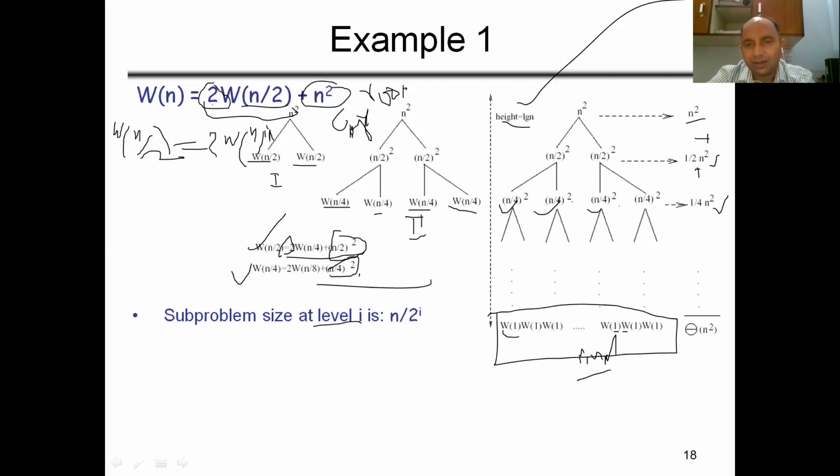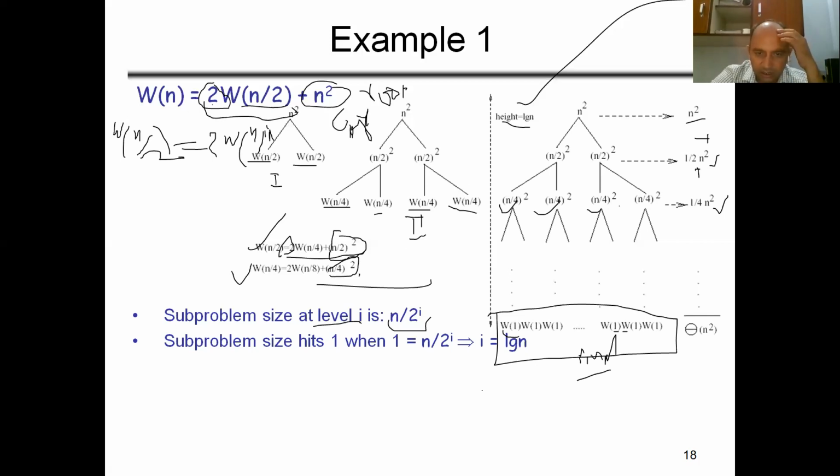I know that the problem is reducing by the power of 2. So at level i, it becomes n upon 2 to the power i. This reducing term will become 1 at the last level. So the subproblem size hits 1 when this value becomes 1, and I can write this equation.